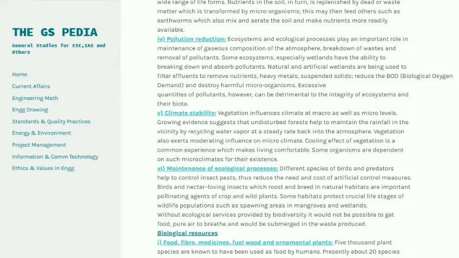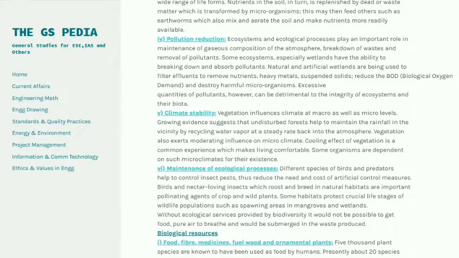Natural and artificial wetlands are being used to filter effluents to remove nutrients, heavy metals, suspended solids, reduce the biological oxygen demand and destroy harmful microorganisms. Excessive quantities of pollutants, however, can be detrimental to the integrity of ecosystems and their biota.